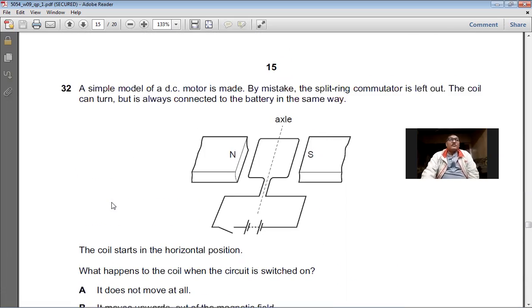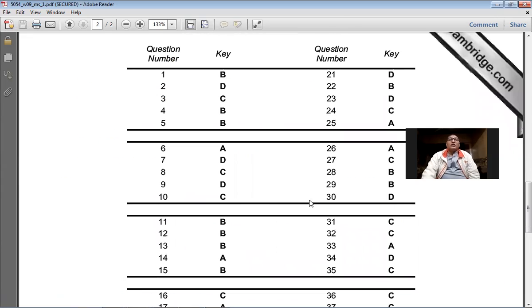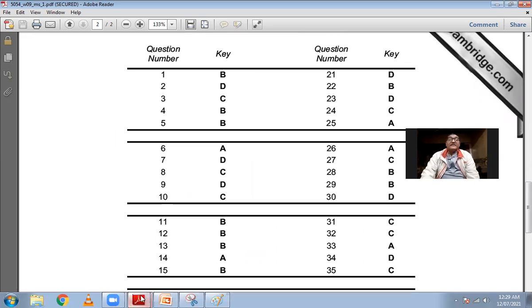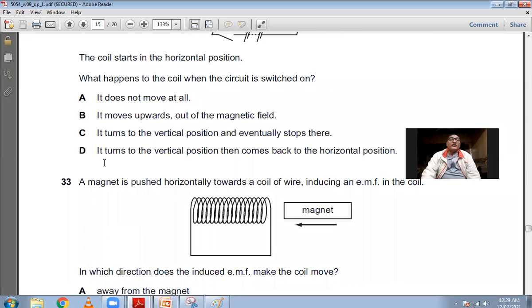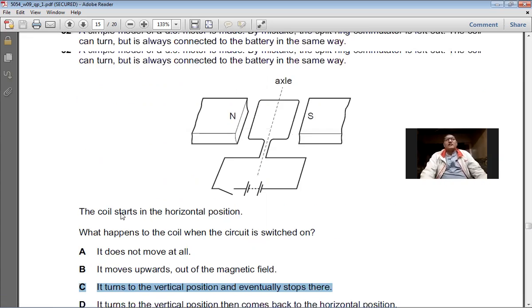We check question number 32. C is the right option. It turns to the vertical position and eventually stops there.